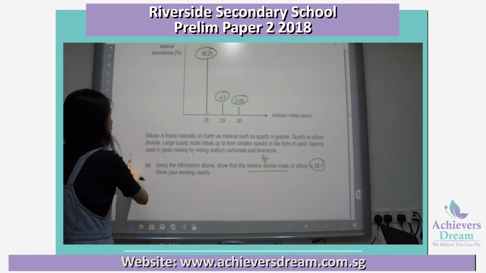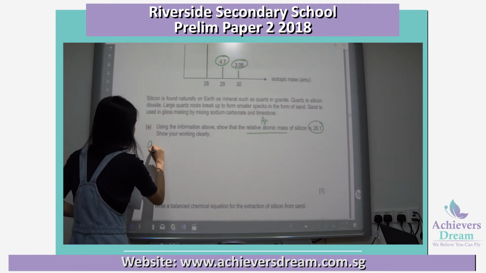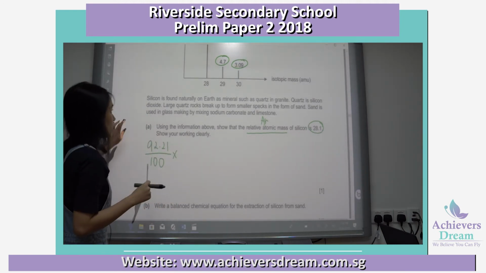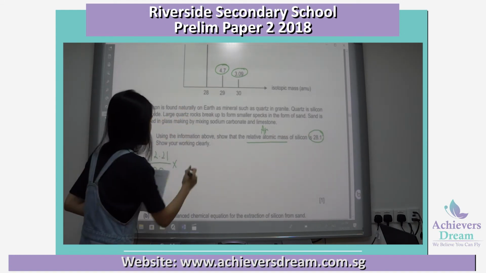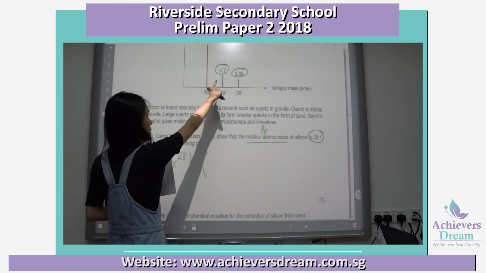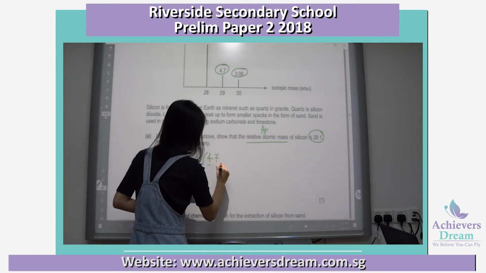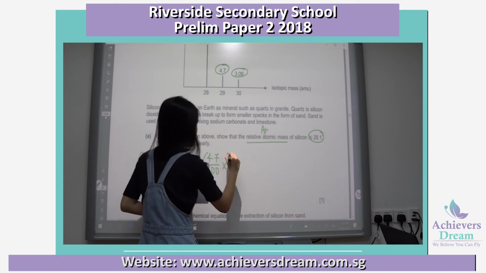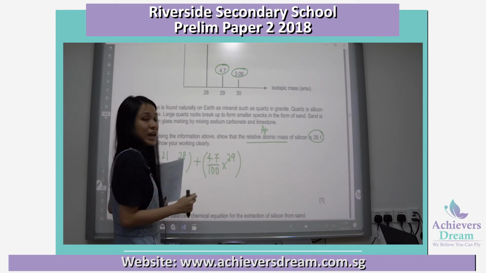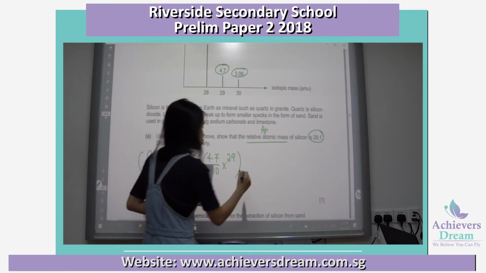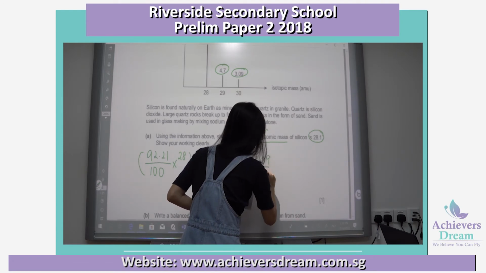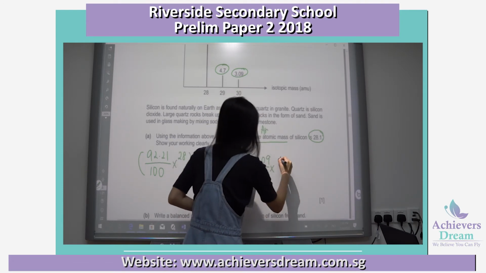The first one, we have 92.21 over 100%. What is the Ar for the first isotope? It is 28. So I plus, what is the other percentage? 4.7 over 100 times 29, which is the Ar for the other 4.7% isotope, plus 3.09 over 100 times 30.